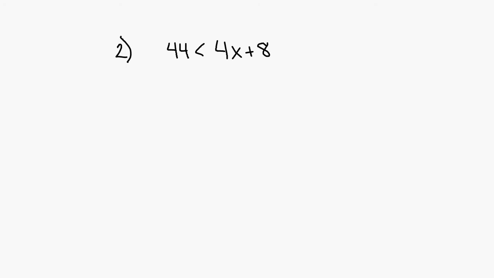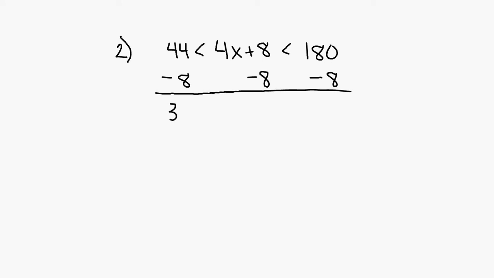And the 4x plus 8 has to be less than 180 because it's one angle in a triangle. So you can subtract 8 from the middle, the right, and the left. And 32 is less than 4x, which is less than 172.